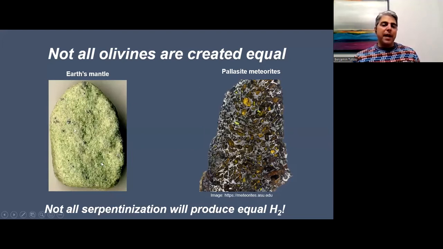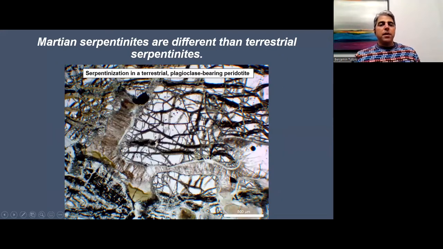Because of that, not all serpentinization reactions are going to produce the same amount of hydrogen. So if we want to think about hydrogen production on other planets and moons in our solar system, we really need to start thinking about serpentinizing rocks that are quite different from Earth's mantle. Here's an example of a serpentinized troctolite from the mid-Atlantic ridge on Earth. Here is that serpentinized olivine crisscrossed by serpentine veins, and here's a plagioclase that's crisscrossed by chlorite veins.